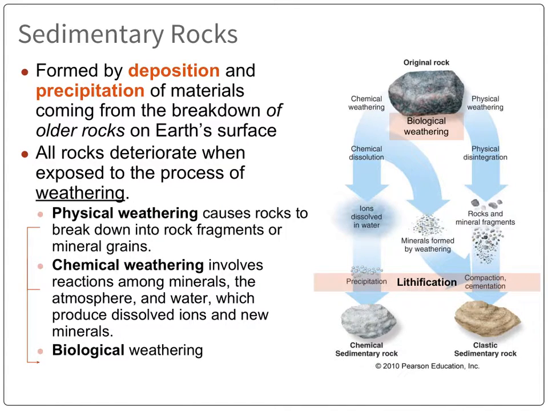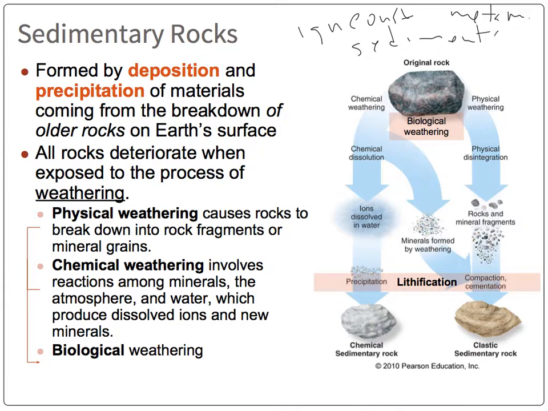Okay. So I think we've looked at this diagram before as well. We have any kind of rock, igneous, metamorphic, other sedimentary rocks can weather, which is just this process of breaking down the pre-existing rock to produce various kinds of sediments.